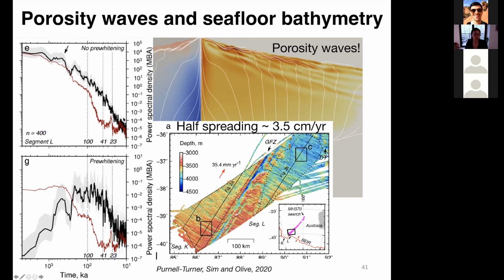One of the things that has been highly debated in the past 10 years is whether you can see any Milankovitch cycles in this bathymetric data. Plotted in the dotted lines are the Milankovitch periodicities: 100,000 years, 41,000, and 23,000.